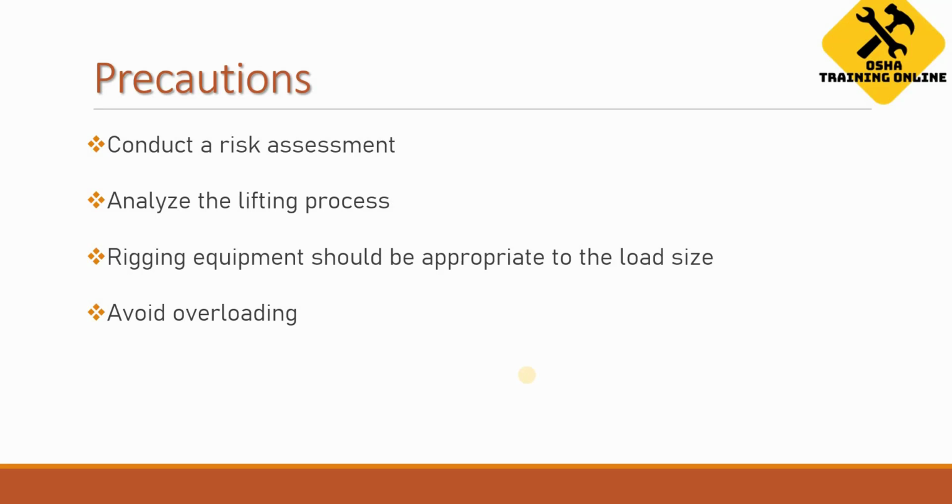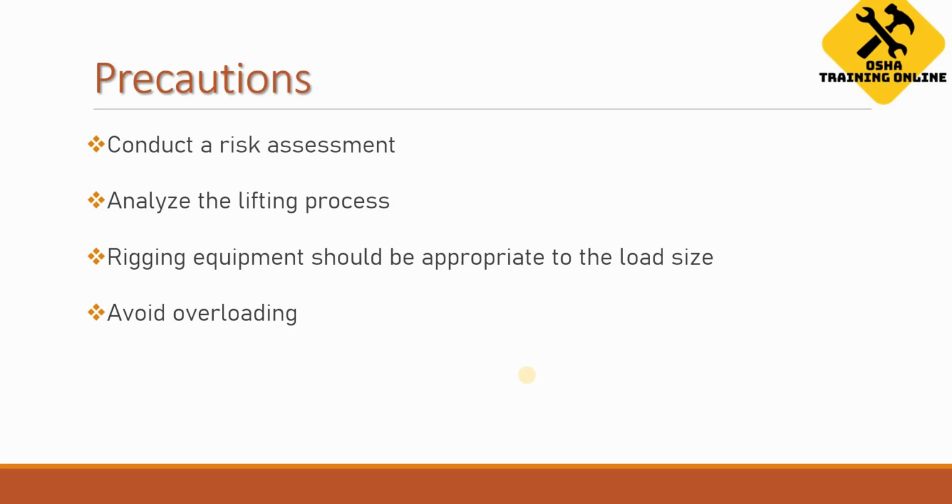Rigging equipment should be appropriate to the load size. There are different kinds of rigging equipment which are used in order to carry different kinds of loads. So for different load sizes, different kinds of rigging equipment are used. You cannot lift certain load sizes with certain kinds of rigging equipment.